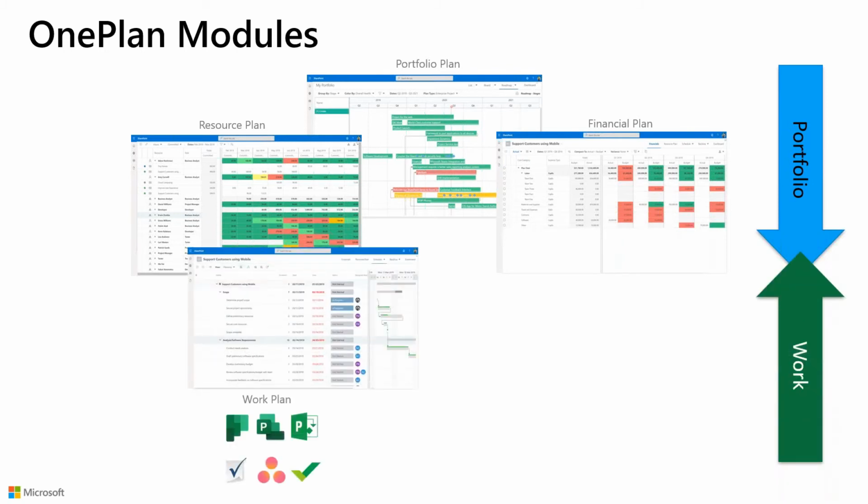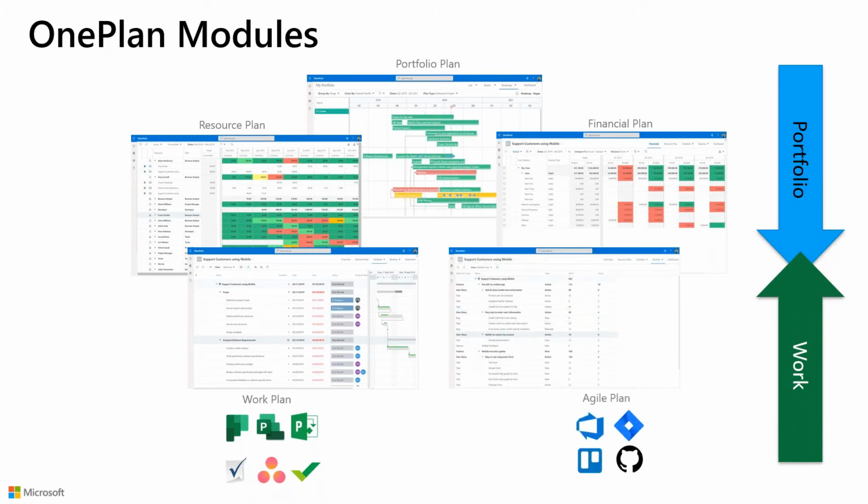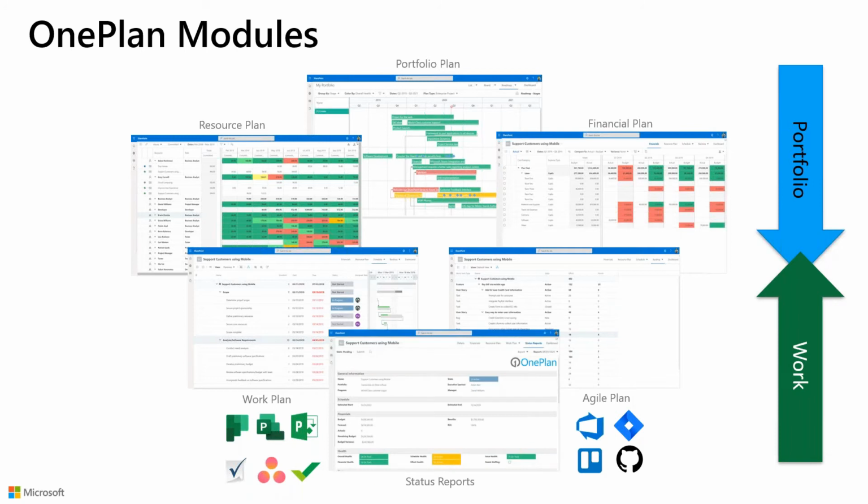As well as work planning. Now, whether you're using OnePlan's own work planner or you're bringing in data from, say, Microsoft Project or Planner or Project for the Web, or if you're doing Agile tooling and either using our Agile Backlog Planner or using Azure DevOps or Jira, and then being able to have consistent, comprehensible status reports that on a consistent basis can get automatically generated based upon the data in the system to provide a consistent communication to the audiences for these reports and the consumers of these reports in ways that's easy for them to interpret and understand, because it provides a consistent picture for them.